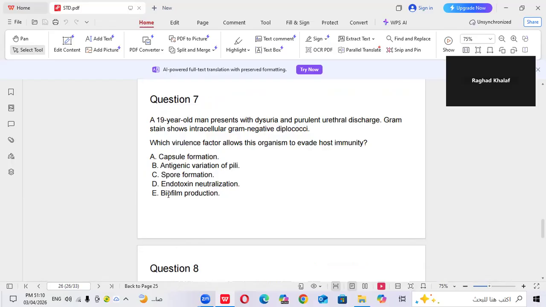We didn't mention anything about endotoxin, biofilm, spores, or capsule. What we mentioned is this mechanism, called antigenic variation of the pili. It changes the shape of the pili, so the memory cells of the immune system can't recognize that this microorganism has entered the body previously.